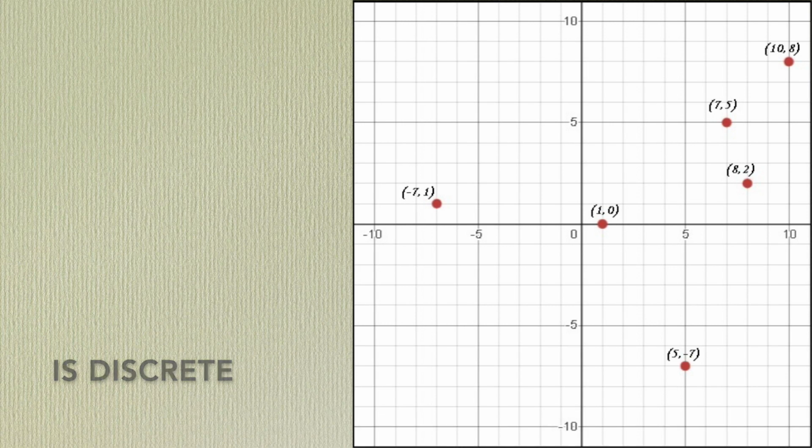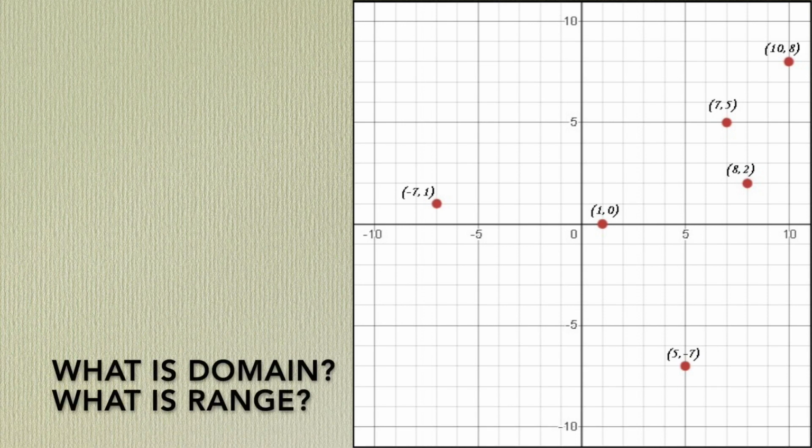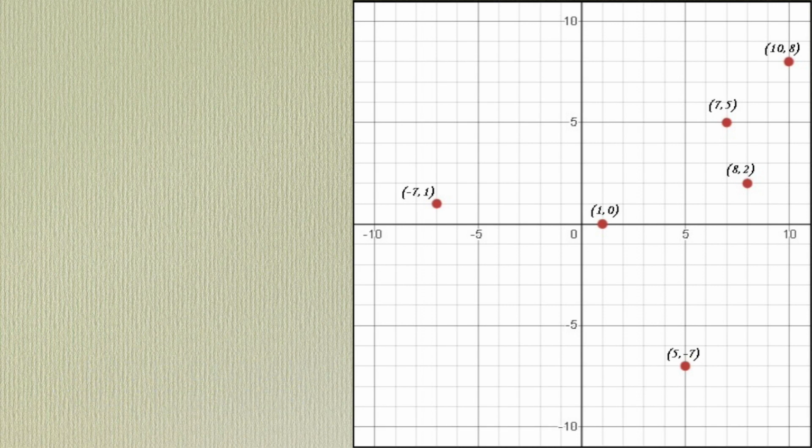So now, let's determine what the domain and range is here. The domain is going to be the collection of the inputs. So my domain is going to be the set that contains -7, 1, 5, 7, 8, and 10.